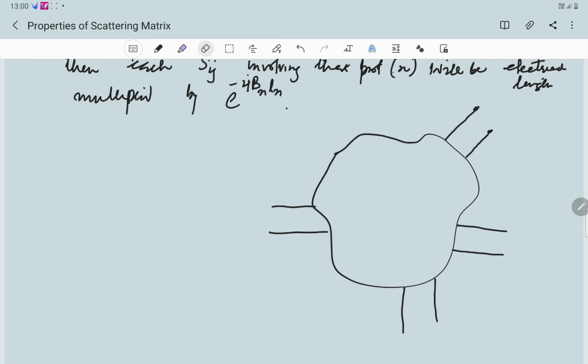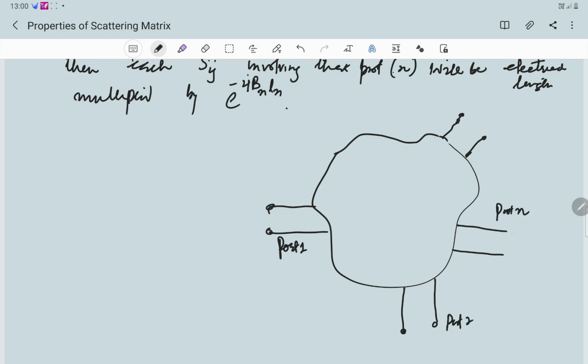Let me erase it. Let me draw port number n somewhere. Let this be port number 4. This is port 1, this is port 2, port 3.